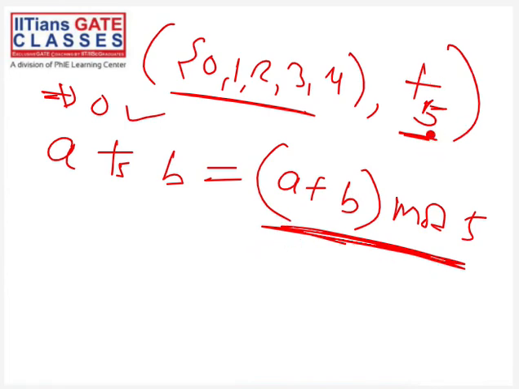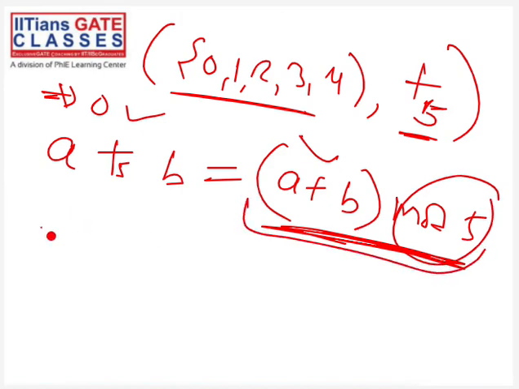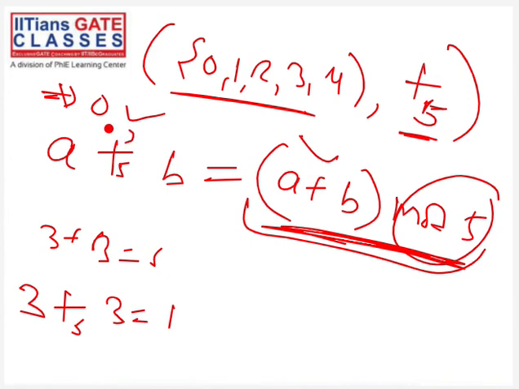First you do the plus, then you take the mod. Remember, 3 plus 3 is 6, but 3 plus modulo 5 3 is 1. So this is our operation.